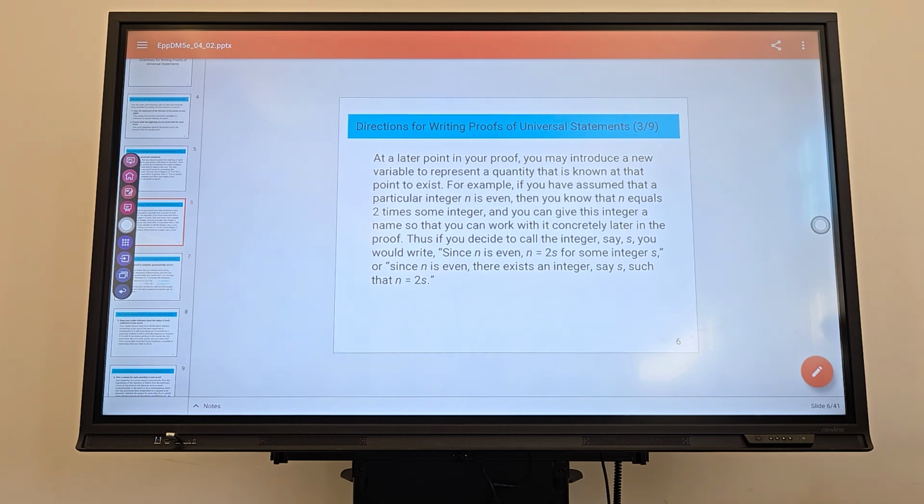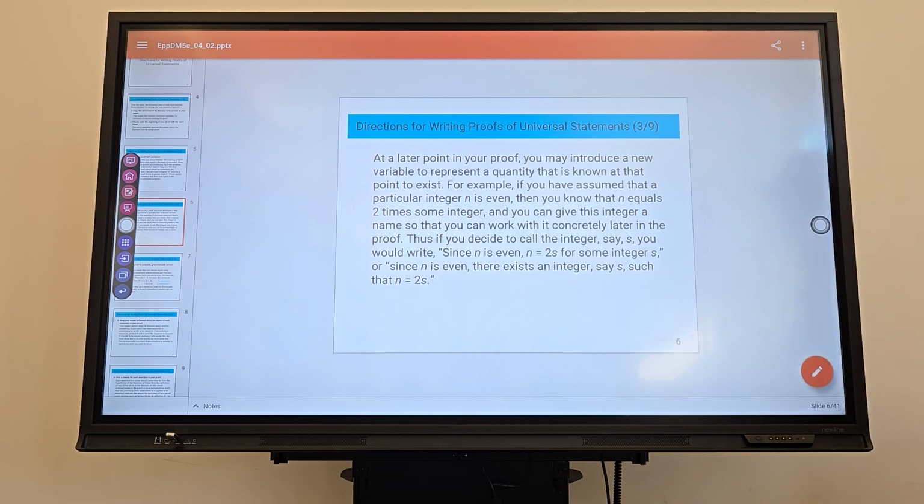At a later point in your proof, you may introduce a new variable to represent a quantity that is known at that point to exist. That's okay. If you have an integer n and it's even, you know that n equals 2 times some integer. You can give this integer a name so you can work with it concretely later in the proof.